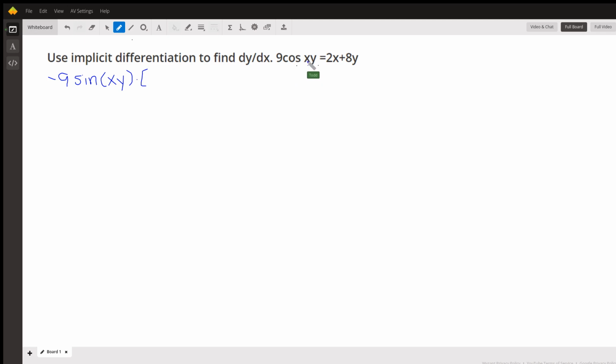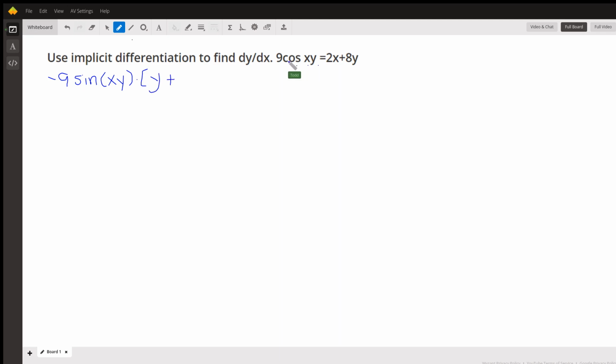Okay, now that's the product rule. I'm going to use the derivative of the first times the second plus the derivative of the second times the first. So the derivative of the first function, x, is 1, times the second function y. 1 times y is just y.